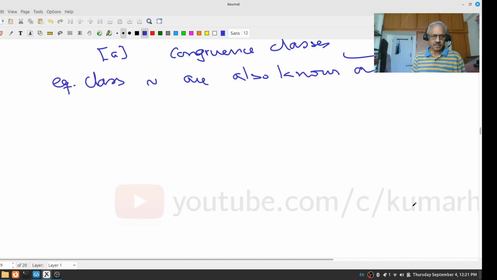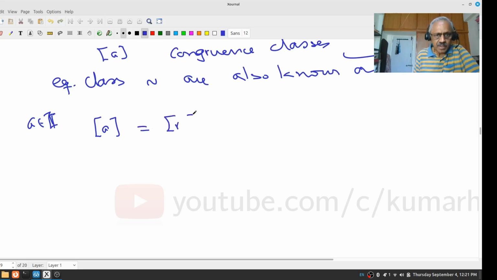Okay. Now number theory also uses the same word. We saw, given any a, look at the congruence class of a, that is the equivalence class of a, right? This equivalence class is the same as the equivalence class of r, where r is the unique remainder. Right?